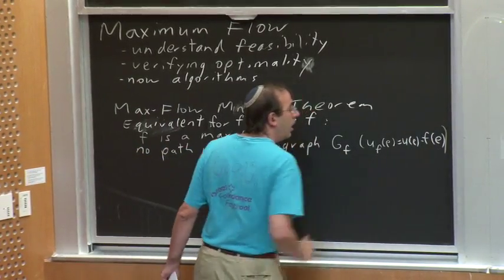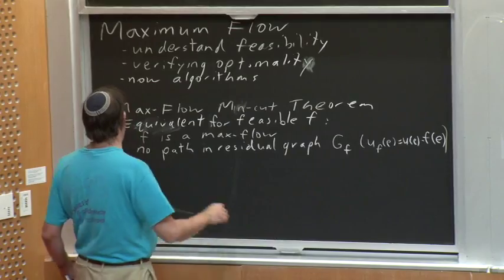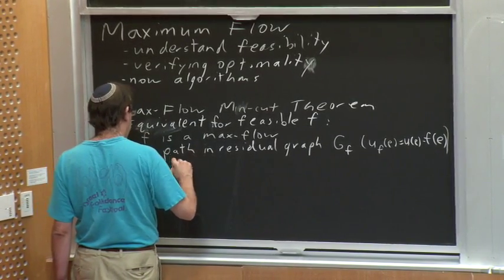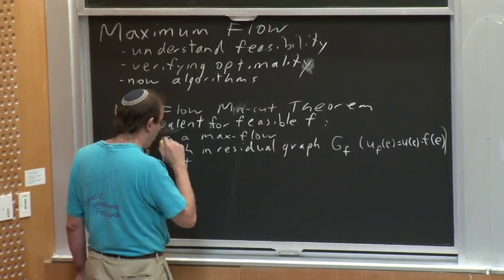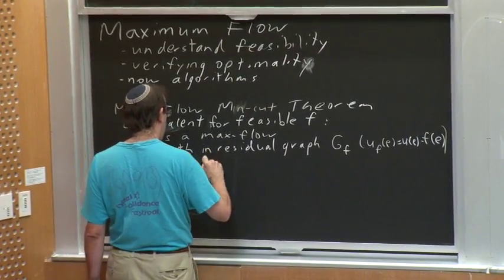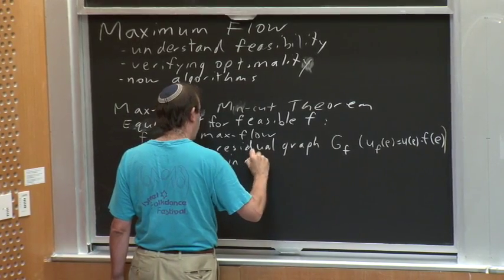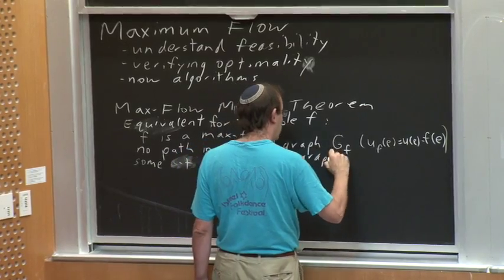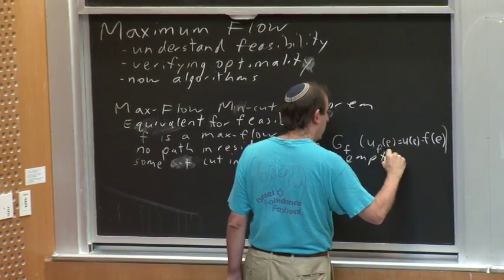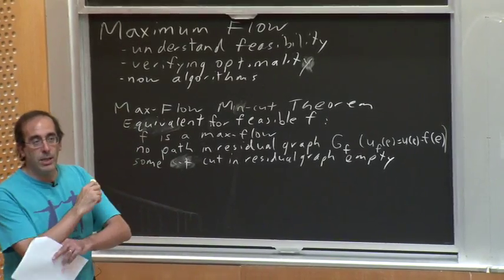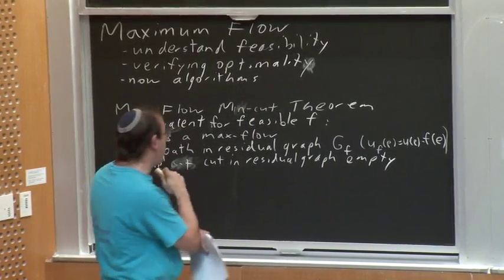Now, as we worked through the proof, this was equivalent to saying that for some ST cut in the residual graph is empty. In other words, all of the edges crossing that cut from one side to the other have no capacity, right?